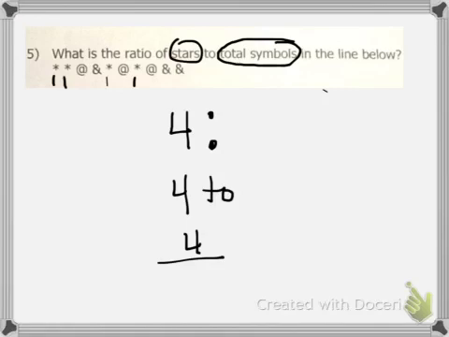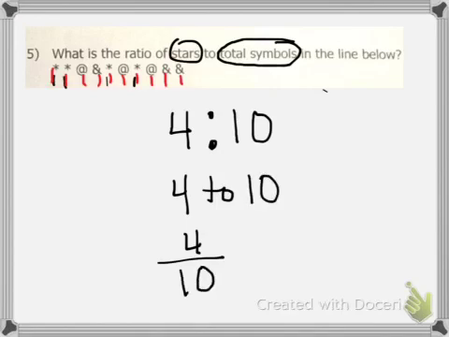And total symbols, I'm going to count with a different color. Let's use red. So we have 1, 2, 3, 4, 5, 6, 7, 8, 9, 10. 4 to 10, 4:10, or 4 over 10. All 3 of those are ratios.